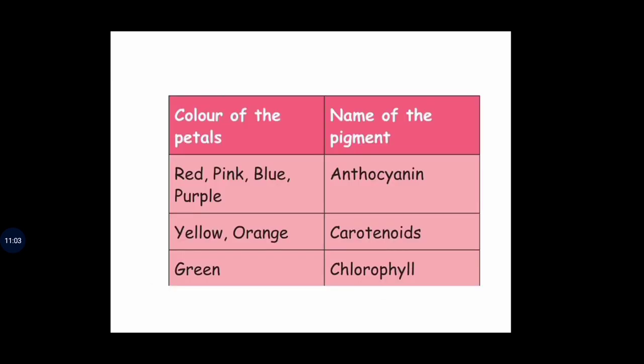Here is a table which gives you the names of the pigments present in the petals. We all know that flowers have different colors. The colors are because of the presence of pigments. So, here are the pigments which give you the respective colors.